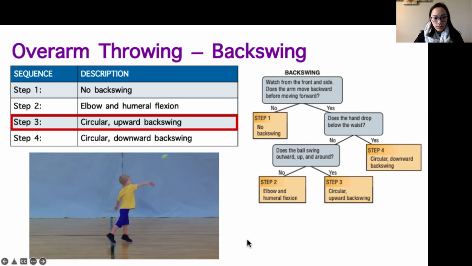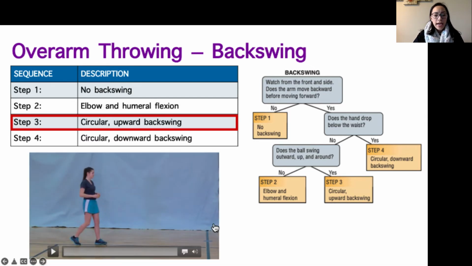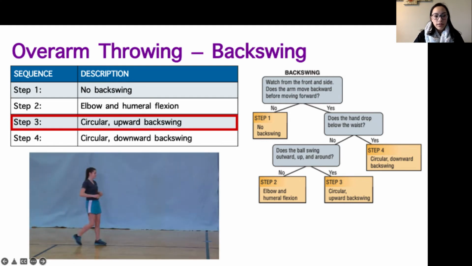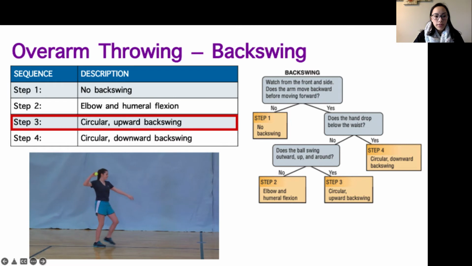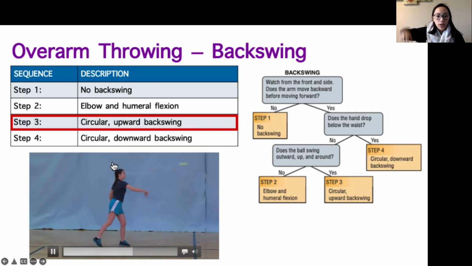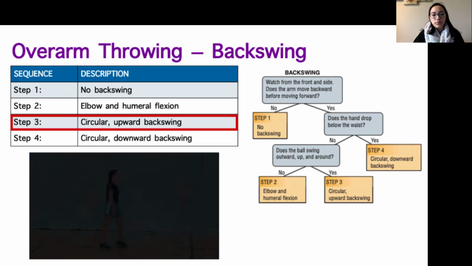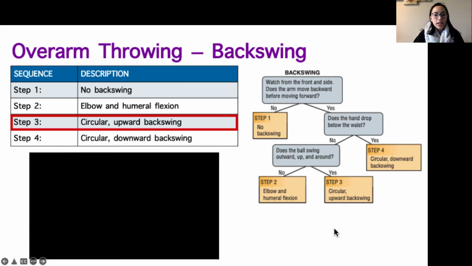Okay. Alternatively, we could have someone more like this example who has more of a vertical lift from the level of their hip. So you see the ball is drawn more upwards into the backswing. But both of these would classify as a somewhat circular movement where the ball is moving in an upward direction.